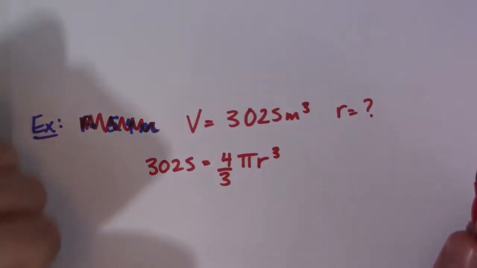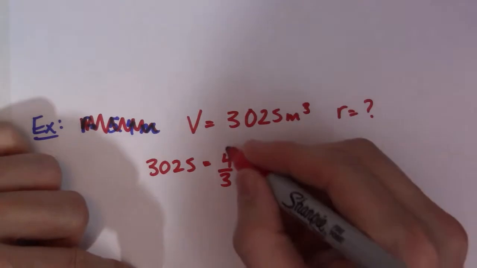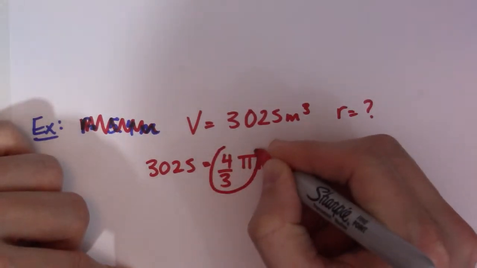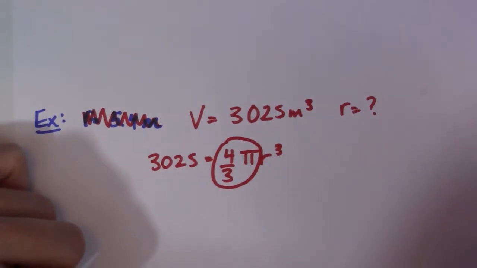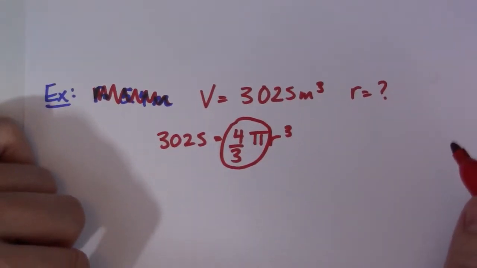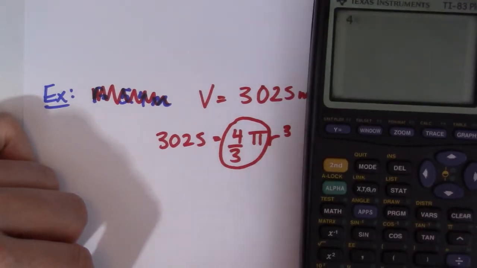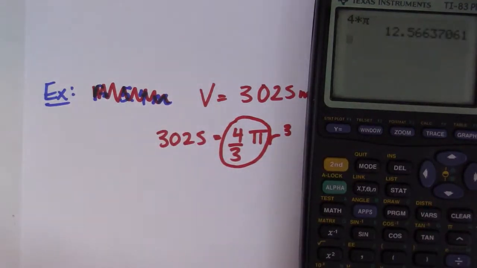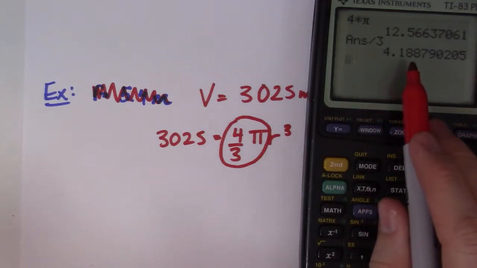So when you're doing a question like this, again, what a lot of my students like to do is work out this to a number first, which is perfectly fine. Now, some of you guys might not like doing that, but that's what my students find the easiest. So they go 4 times pi, and then divide it by 3, and they get back 4.19.